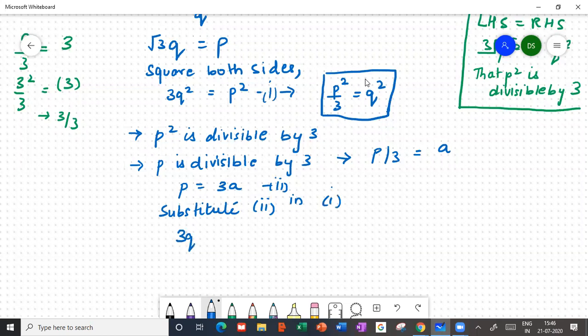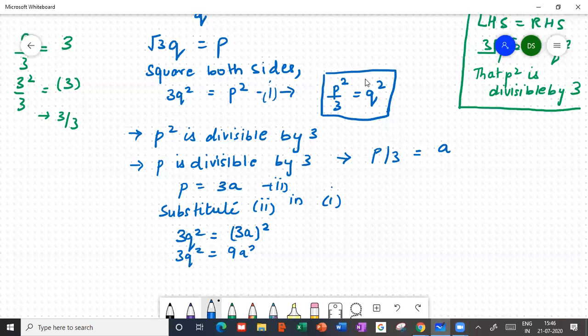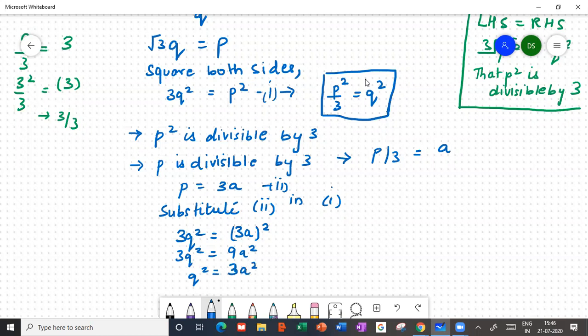So 3q square is equal to 3a whole square, or 3q square is equal to 9a square, or q square is equal to 3a square.